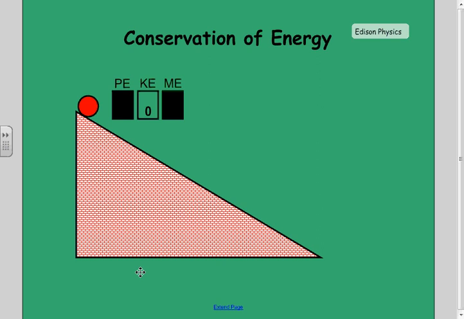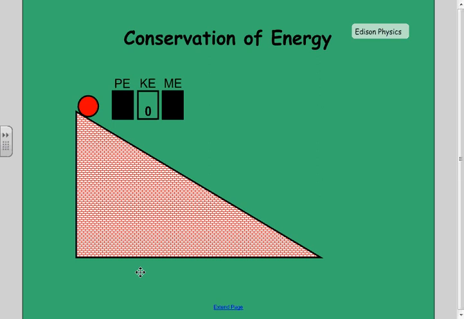What kind of energy does this ball have? Well, it's at the top of the ramp, so it has potential energy because it has the potential to roll down the hill. We haven't let go of it yet, so it has no kinetic energy. And because it has some potential energy, it also has mechanical energy.